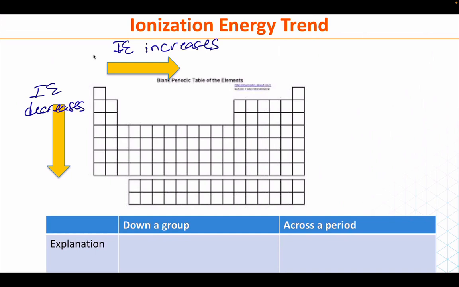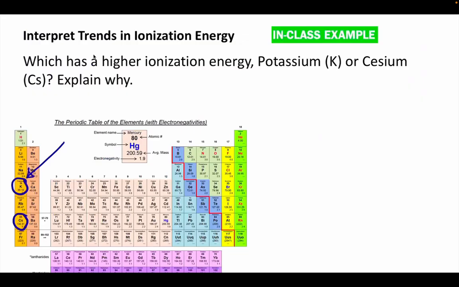So if I was going to have to pick between potassium and cesium, which one would have the higher ionization energy? It would be the potassium. Potassium has only N equals 4. It has 4 levels of electrons, whereas the cesium has N equals 6.